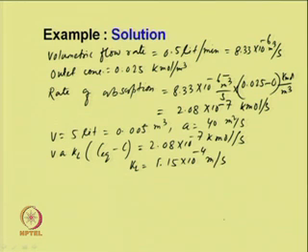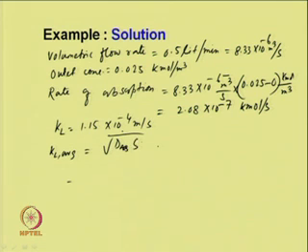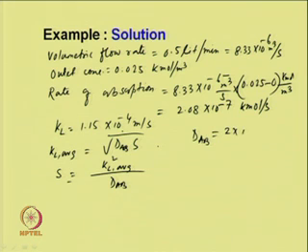So, now according to surface renewal theory, we know that K_L is equal to root over D_AB into S. So, K_L we have calculated is 1.15 into 10 to the power minus 4 meter per second, and K_L average is equal to root over D_AB into S. So, S is equal to K_L average square divided by D_AB. So, D_AB in this case is given, the diffusion coefficient of CO2 in water is 2 into 10 to the power minus 9 meter square per second at 25 degree centigrade.